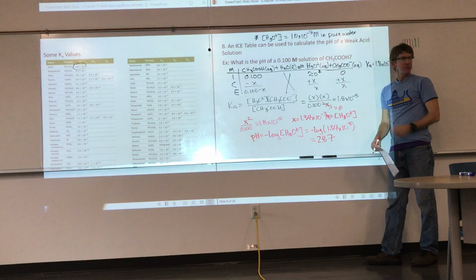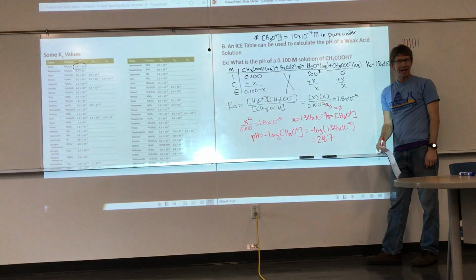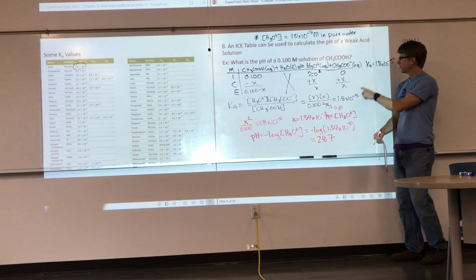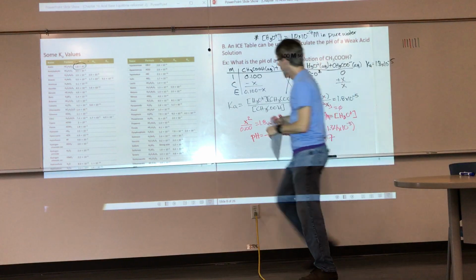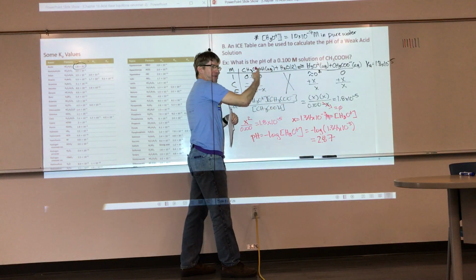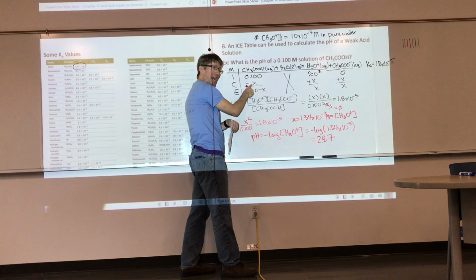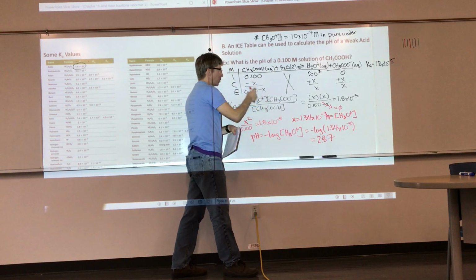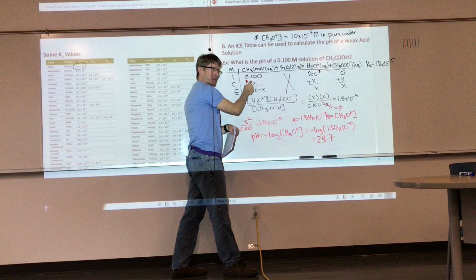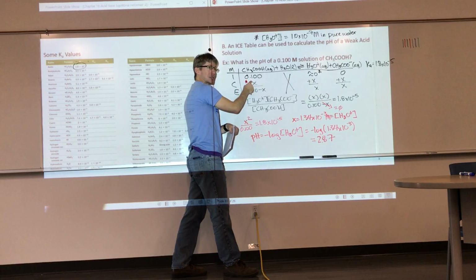I did that to make the math easier, based on the fact that since Ka is small, the position of equilibrium lies far towards reactants, which means that the amount of reaction will be small. That's an assumption. We double check it. If you double check it, you'll see this is 1.3% of that number. And as long as it's less than 5%, it's a valid assumption.